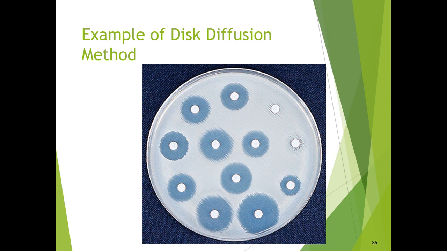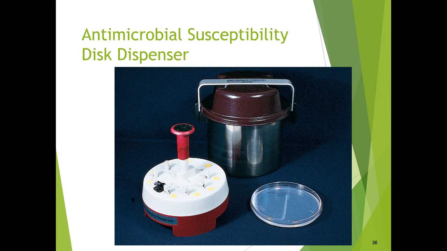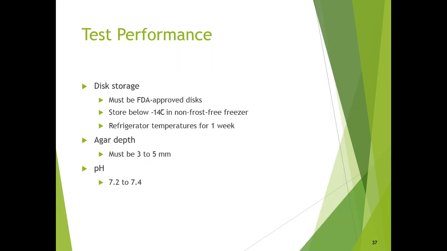It's either going to increase or it's going to decrease. I do know that there are a couple test questions about if your agar depth is too thick, what would that do to your zone of inhibition? Or if your inoculum is too thin, what would that do to your zone of inhibition? Would you have false resistance or false susceptibility?